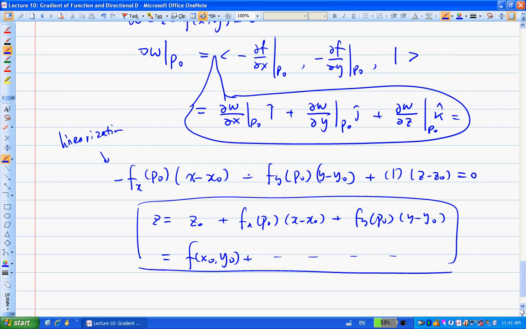If you look at the notes from the previous lecture, that's exactly the same result. So this is the linearization of that surface z equals f of x, y at the point p naught. Is that good? Okay, all right.